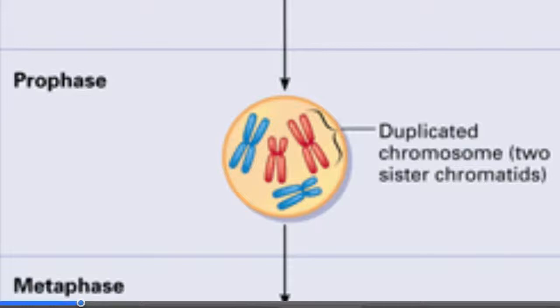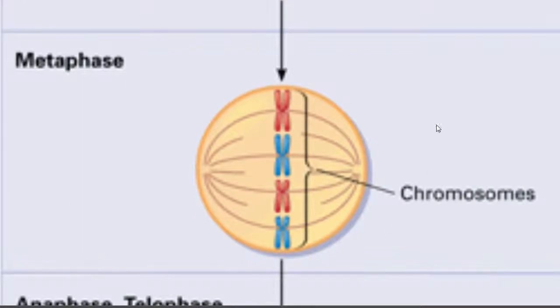Now the next step is where you've got to remember the difference between the 2 types of cell division. In mitosis, the chromosomes pair up end to end, in single file. Then spindle fibers form. Spindle fibers are these little lines here, and they attach onto the chromosomes and pull one copy to either end of the cell.